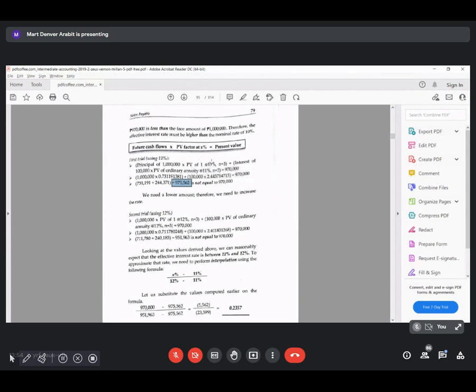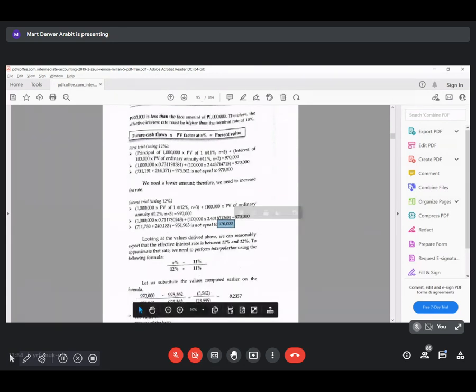So, in this time, gagamitin naman niya is 12%. And na-compute niya is 951,963. So, definitely, yung effective interest is between 11 and 12% because 11 is 975, higher than 970, but for 12%, it is 951, which is lower sa 970 naman. So, pasok na siya. So, it is within 11 to 12.